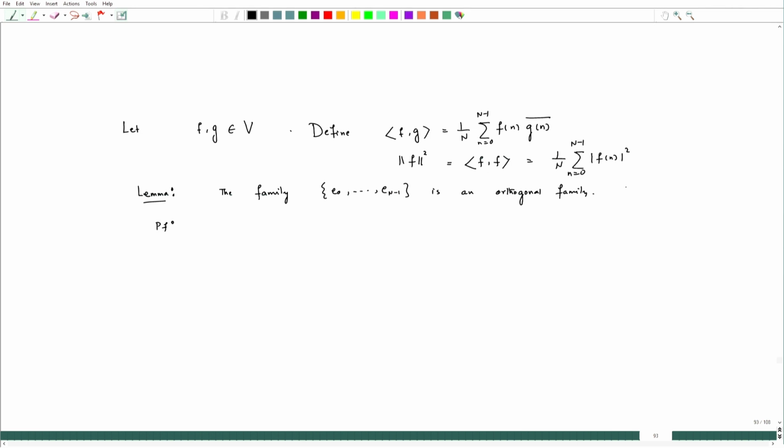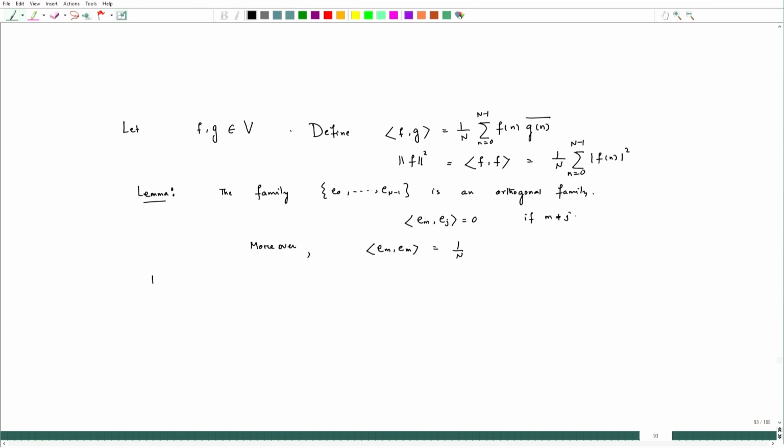What do I mean by an orthogonal family? Let me define it. That means (E_m, E_j) is equal to 0 if m is not equal to j. Moreover, the norm squared of E_m is equal to 1 by n.